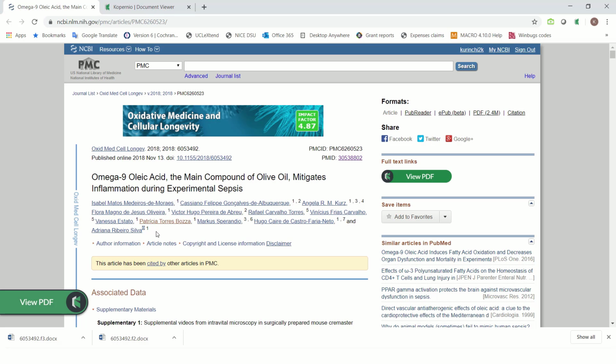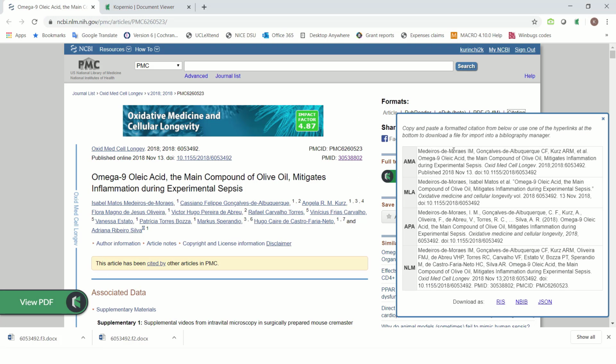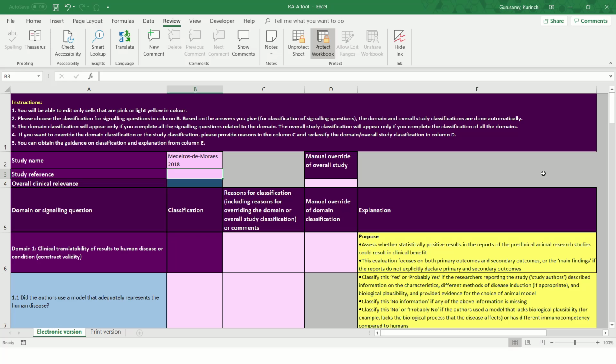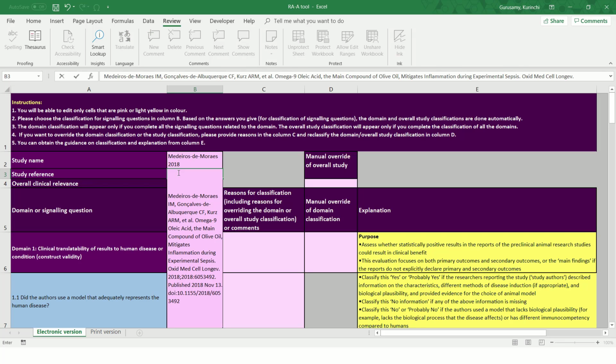Study reference. I would download the reference from here, citation, and I would just copy anyone. I'm just going to copy the first one. Okay. Look at where I am entering it.